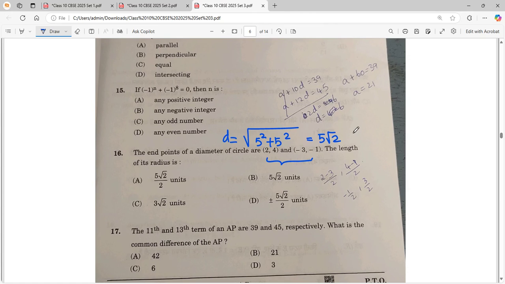So the radius becomes 5 root 2 divided by 2. So option A is the correct answer. It cannot be D, because radius or diameter, length cannot be negative. Option A is the correct answer.